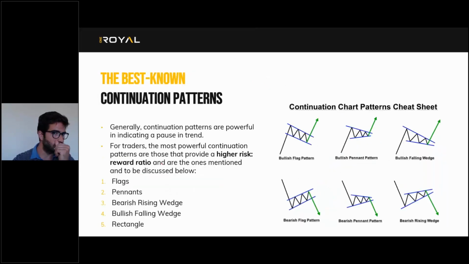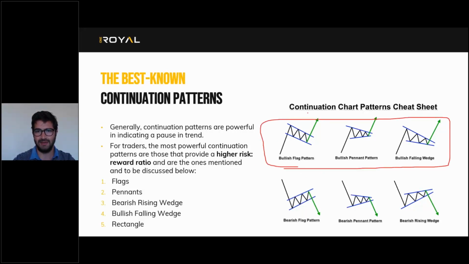The best known continuation patterns, we have here 6. The first 3 are for the uptrends. So if you see them in an uptrend, expect a move in the same direction of the main trend. If you see a bullish flag like this here in the middle of the uptrend, after it or at the breakout, you should expect a move in the same direction of the main trend, which is to the upside.